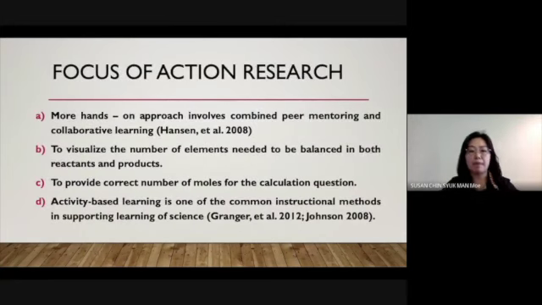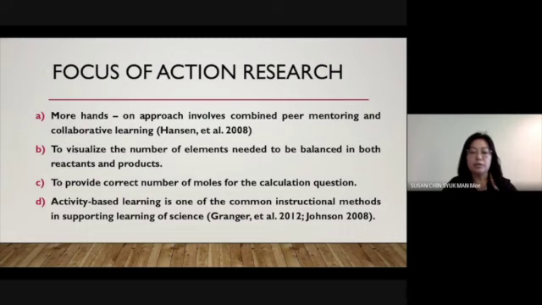The focus of my action research, we are focusing on more hands-on approach involving combined peer mentoring and collaborative learning. We will do this in a group. Number two, to visualize the number of elements needed to be balanced in both reactants and products by using different color bits.